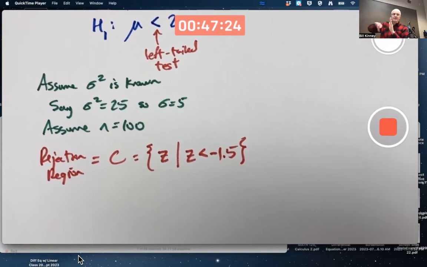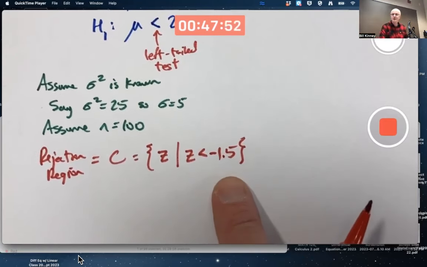The area to the left of -2 would be 0.025. That's the 68, 95, 99.7 rule: about 95% of the probability is between -2 and +2. So there's 5% of the area to the left of -2 and to the right of +2. By symmetry, half of that, 2.5%, slightly less, would be to the left of -2.